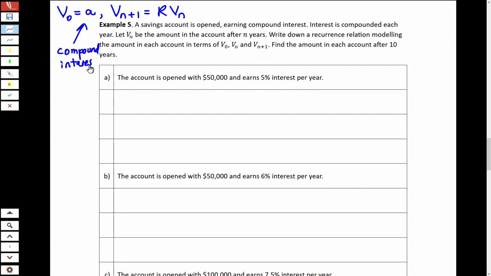But when you've got compound interest, we're going to use a geometric sequence with a common ratio defined by the following. R equals 1 plus r divided by 100. Okay? So get those three equations down. The first two should be very familiar to you because that's just a geometric sequence.